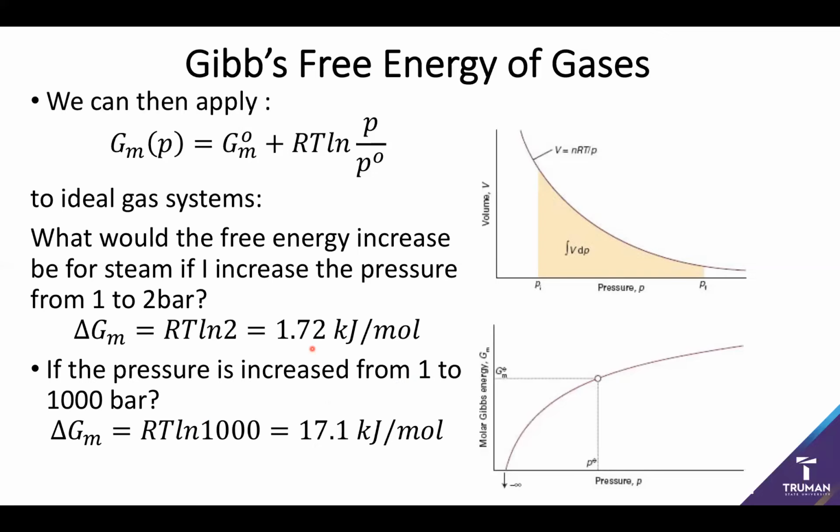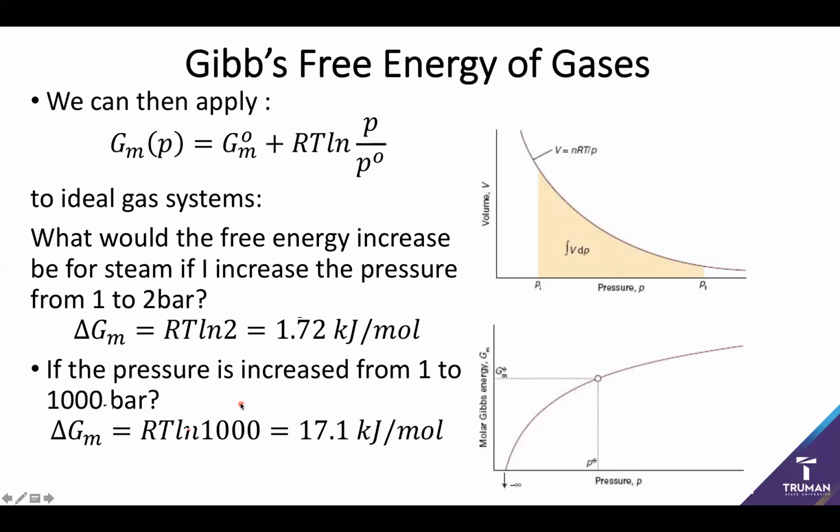Because if I went from 1 bar to 1,000 bar in a condensed phase, it took 1,000 times as much energy, but that energy value is a lot smaller. Because of this natural log influence, if I do 1,000 times as much pressure change, or 500 times as much pressure change, then congratulations, it only takes about 10 times as much energy. So this is an important consideration.